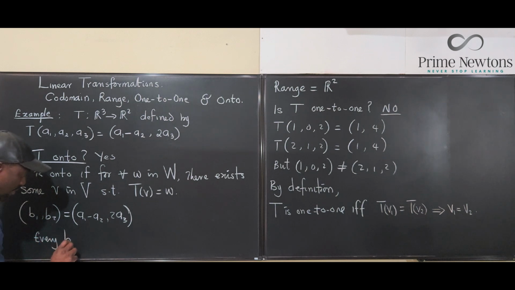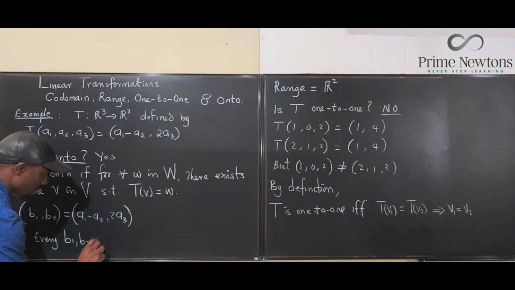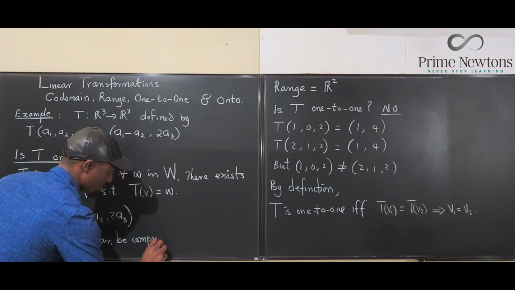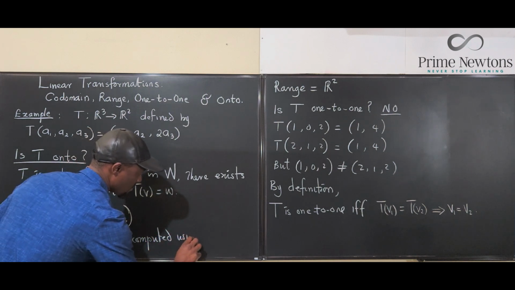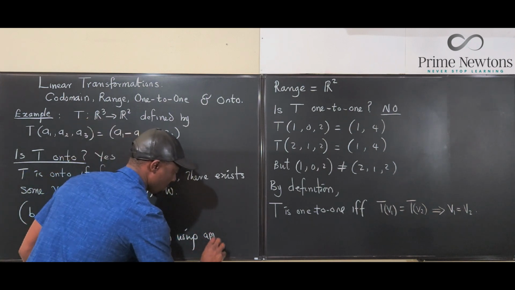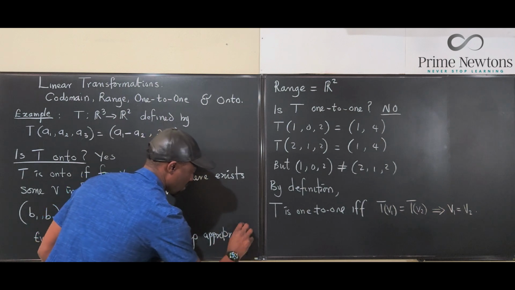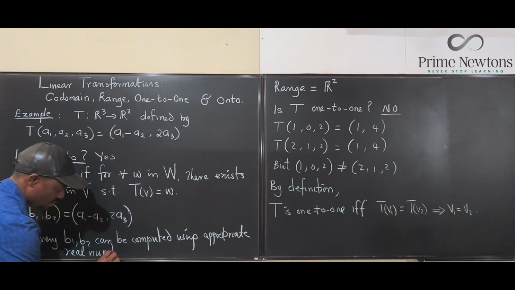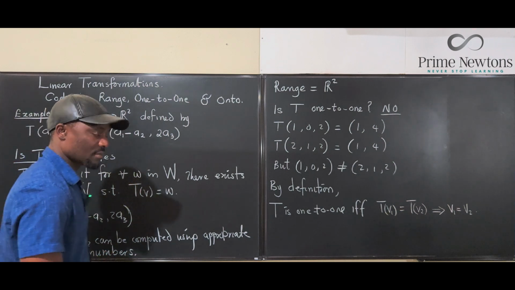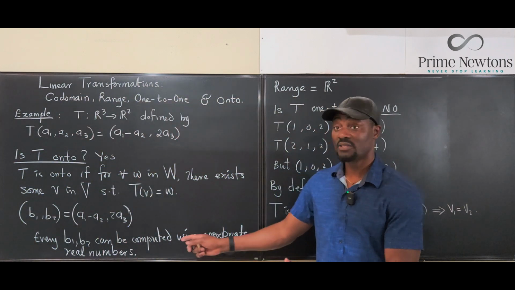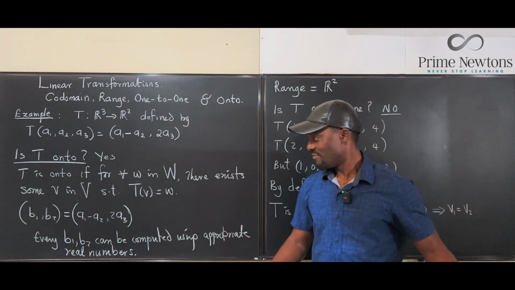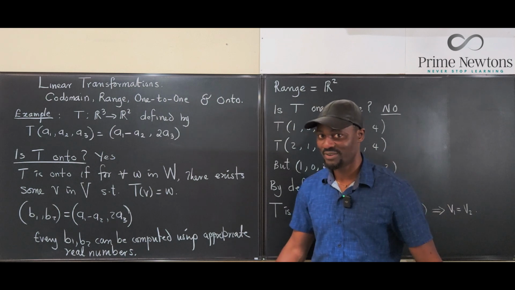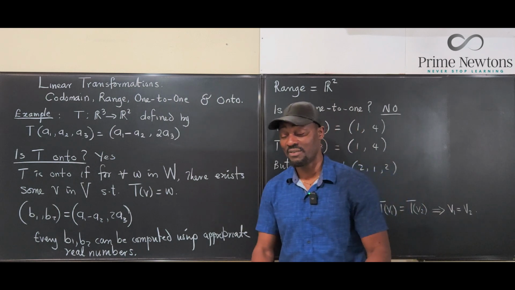Every B1, B2 can be computed using appropriate real numbers. Now, my final answer may not be the most mathematical presentation, but this video was to explain the concept to you, okay? If I don't sound mathematical enough, forgive me.